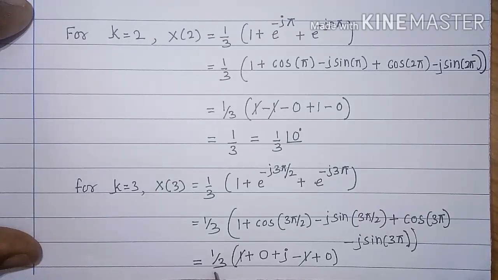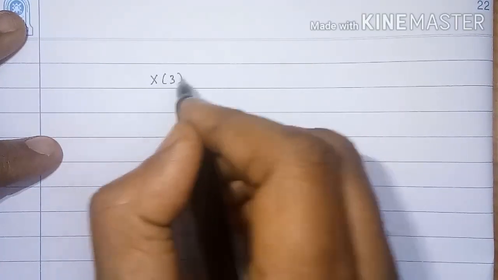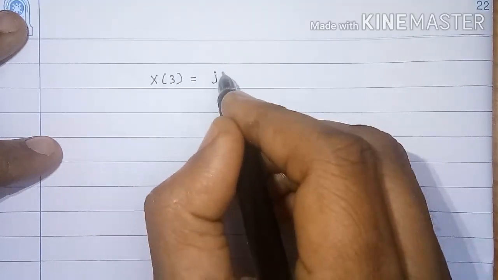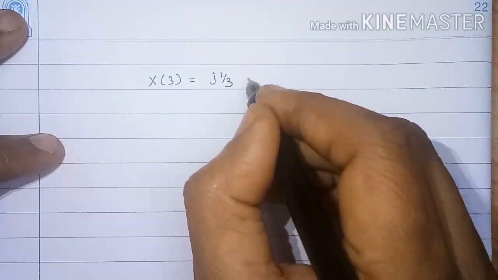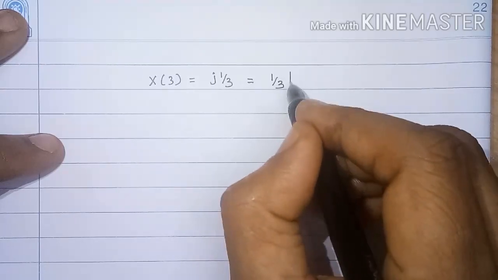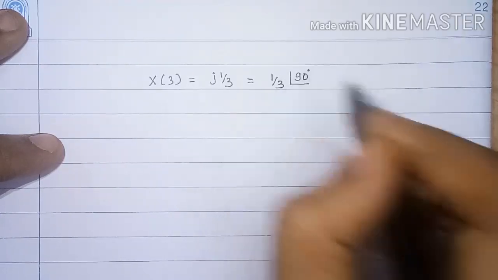Finally, we will have j 1 by 3. So x of 3 is equal to j 1 by 3. In polar form, it will be 1 by 3 at an angle of 90 degree.